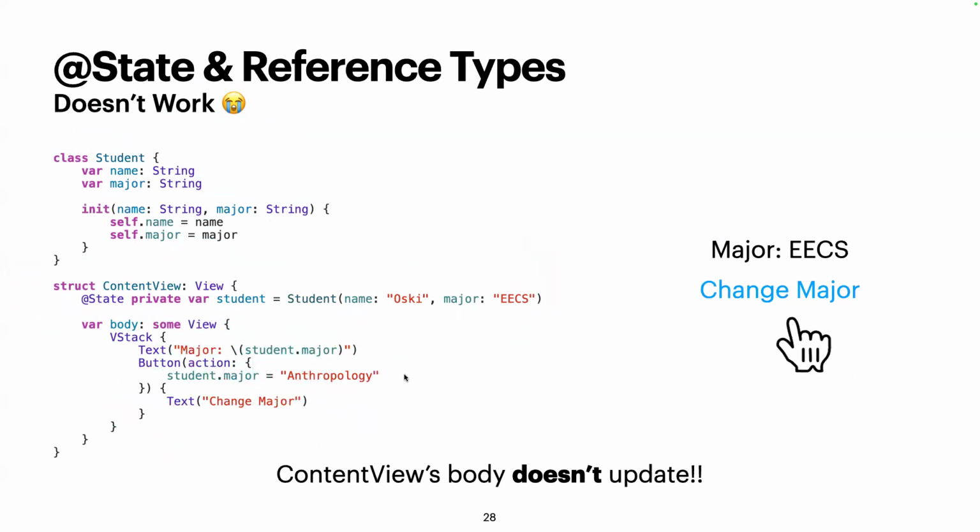When I click the change major button, nothing changes. The ContentView's body does not update. And that's because student is a reference type. It's a class. And again, I'm not exactly sure of the details of why this doesn't work, but I guess it's how SwiftUI is designed: classes or reference types do not work with @State.